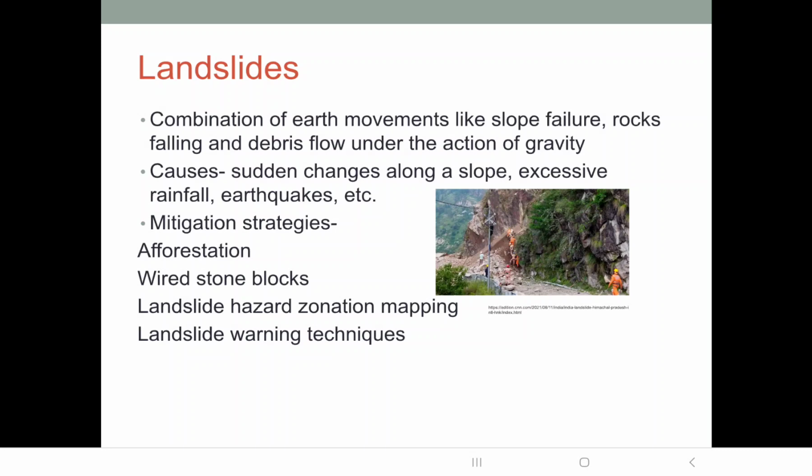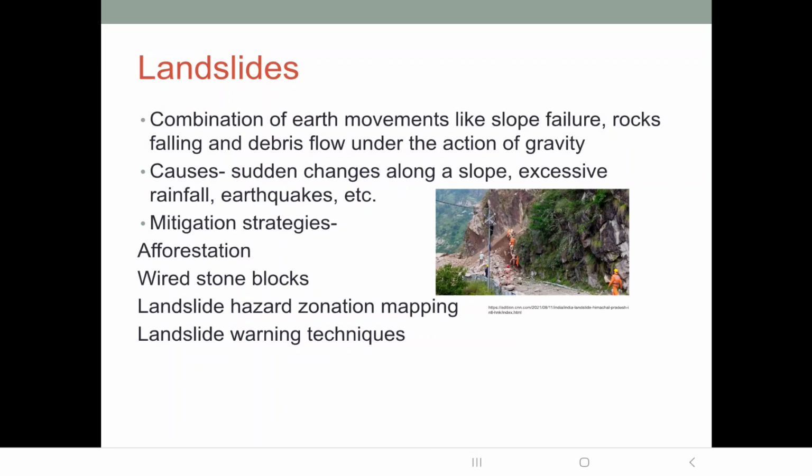If you see the northern part of our country, like Himachal Pradesh, Uttarakhand, people have made settlements on mountainous slopes, which is very very dangerous. First of all, see why it is dangerous, because the mountains that are present in the northern part of the country have very sparse vegetation.